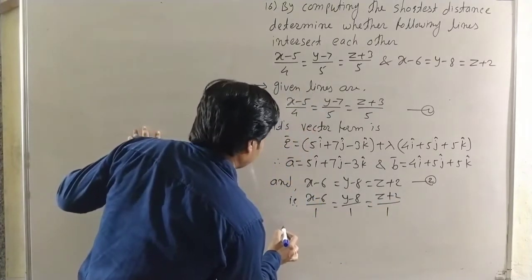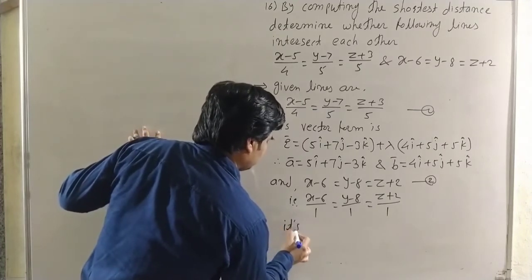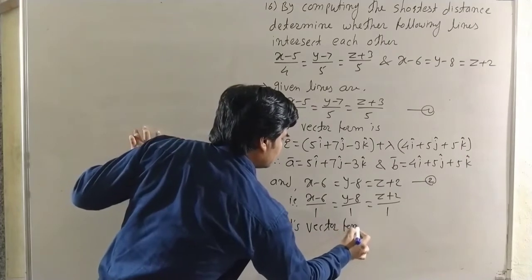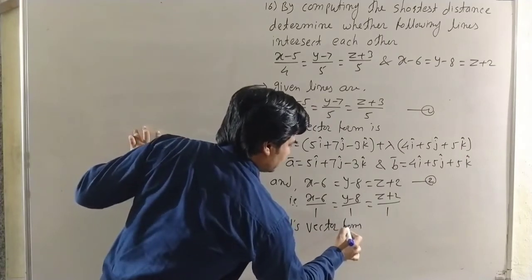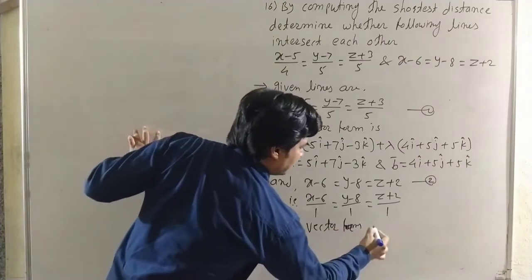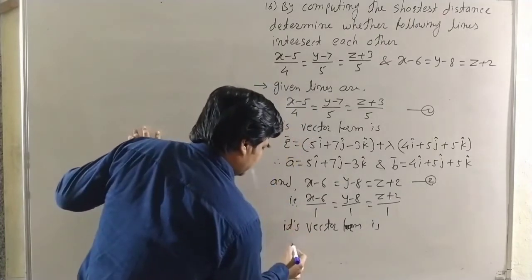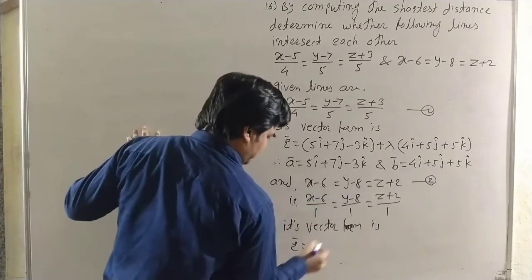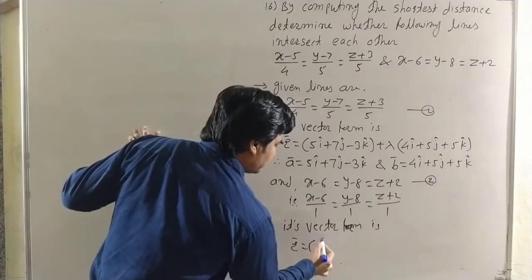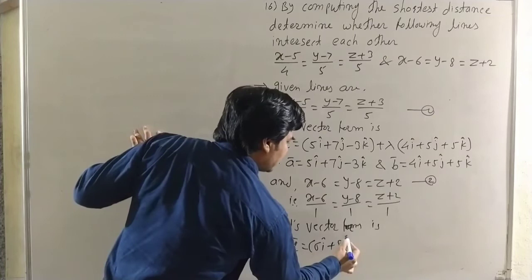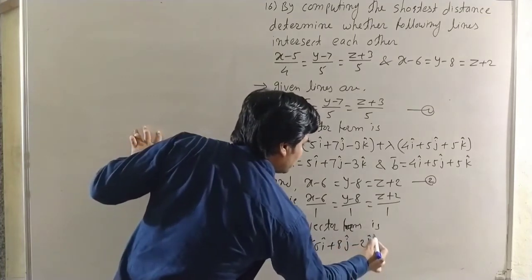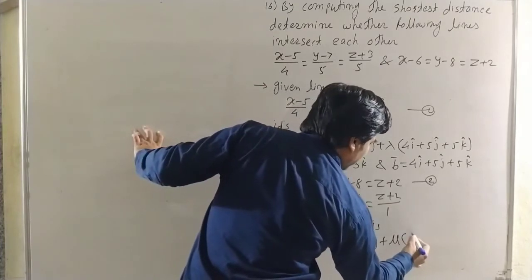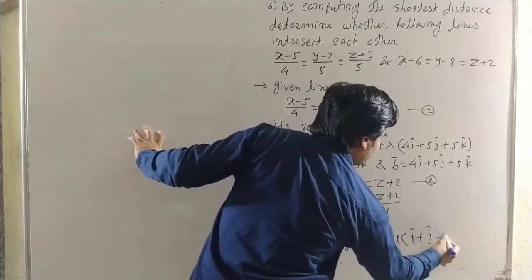Therefore its vector form is r bar is equal to passing through point 6, 8 and minus 2, that is 6i cap plus 8j cap minus 2k cap plus mu into i cap plus j cap plus k cap.